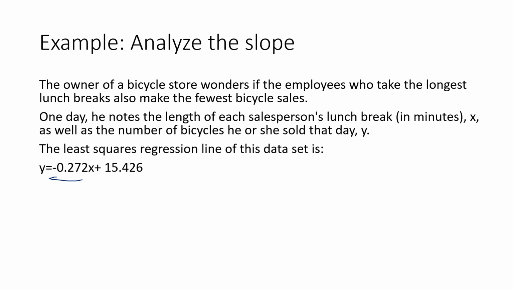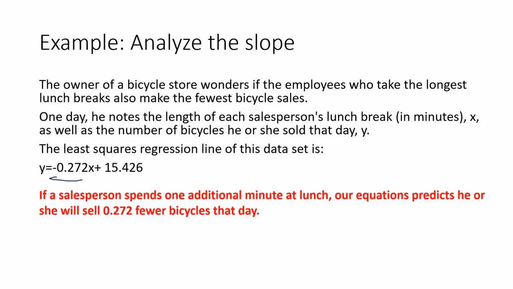I can say from this that because the slope is negative, the longer the lunch break, the less bikes he or she sells. And that is all you have to do when I'm telling you to analyze the slope or analyze a linear equation.